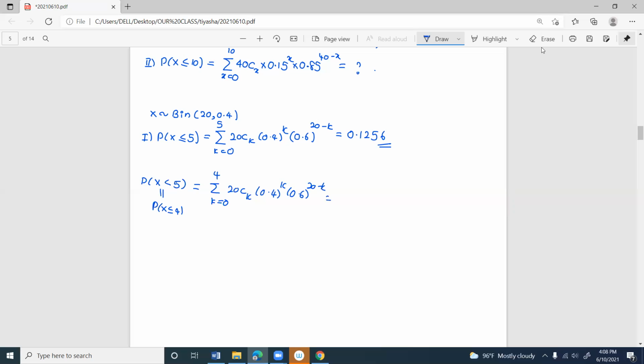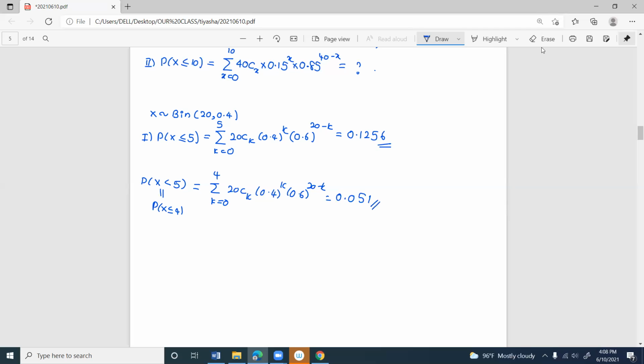So this value is 0.0510. That's the answer for that, right?